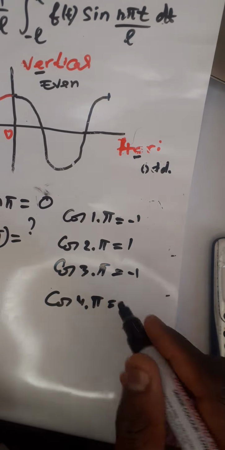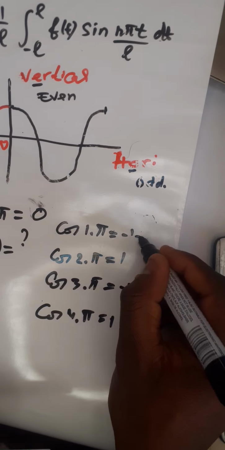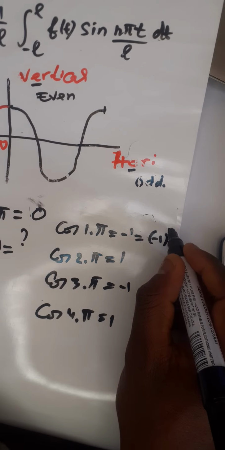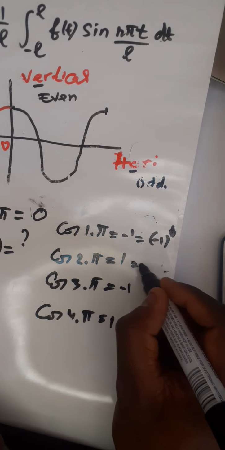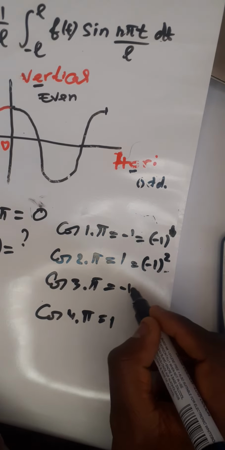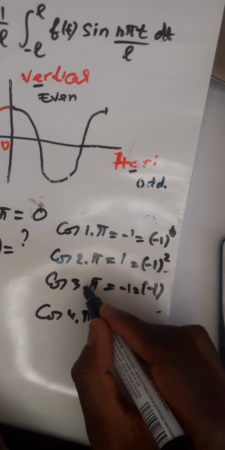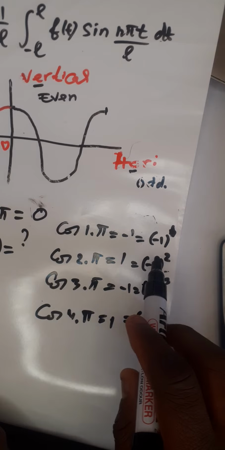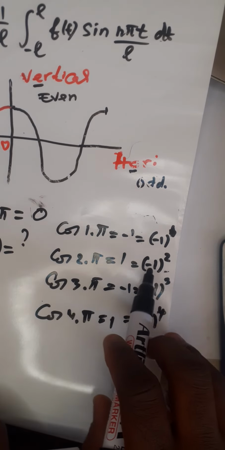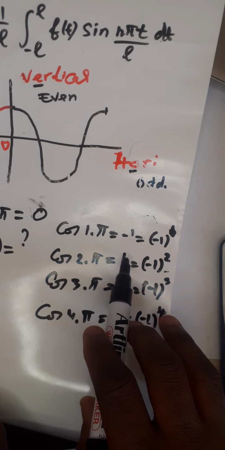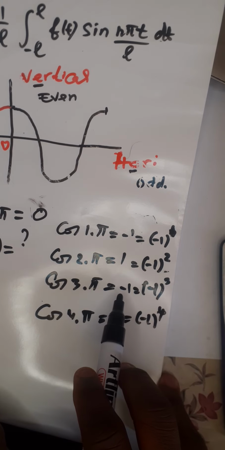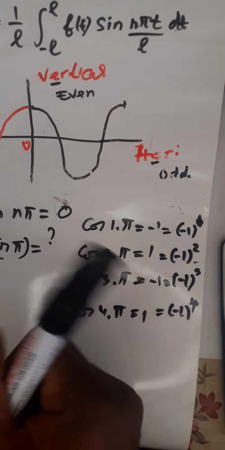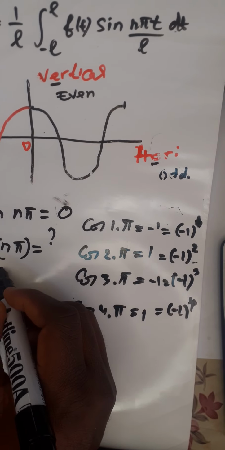This is the same as writing -1 exponent n. -1 exponent 1, -1 exponent 2, -1 exponent 3, -1 exponent 4. Obviously, -1 exponent 1 gives you -1, -1 exponent 2 gives you +1, -1 exponent 3 gives you negative, and so on. So this can be written as -1 exponent n.